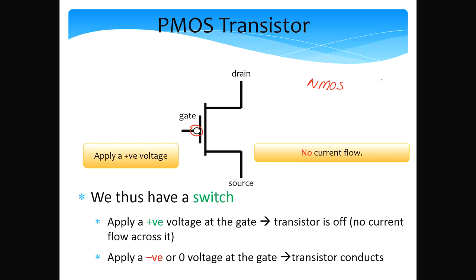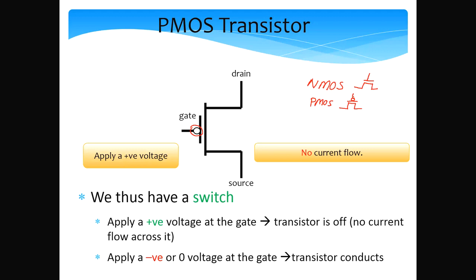The NMOS transistor, whose symbol is like this, is controlled by the voltage at the gate. If it's positive, current flows, otherwise it doesn't flow. And the PMOS transistor, the symbol is more or less the same. It's just that we have a circle over here, so it has a reverse operation.